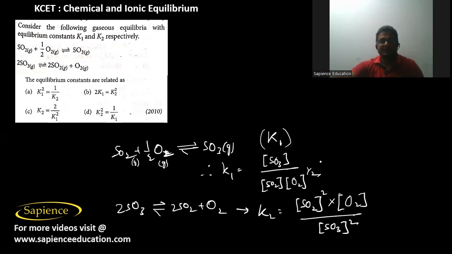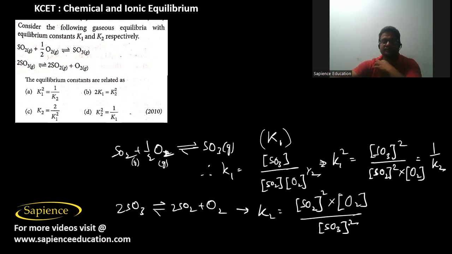Now if we take the square of K1, so K1 square will be equal to SO3 whole square divided by SO2 whole square into concentration of O2, which is nothing but 1 by K2. So K1 square equals 1 by K2. So option A is the correct answer.